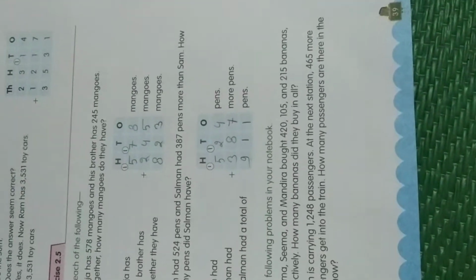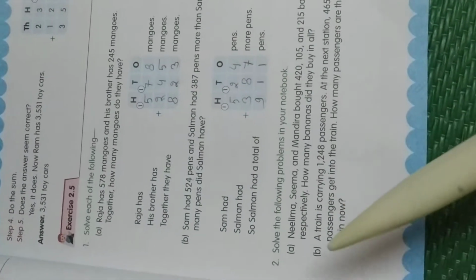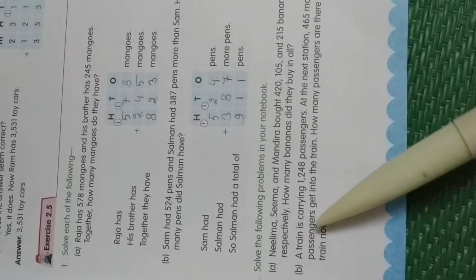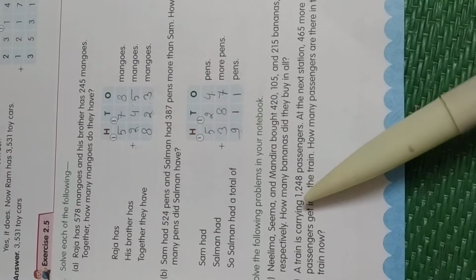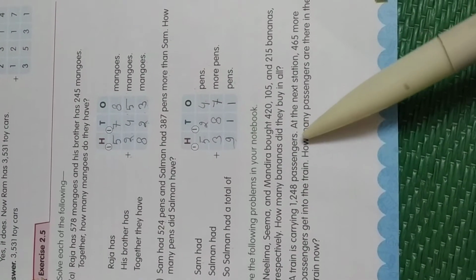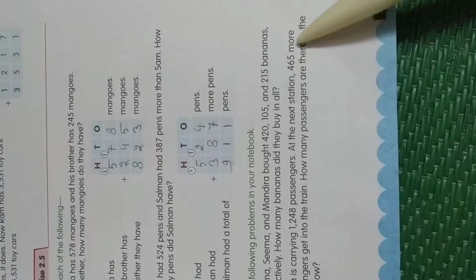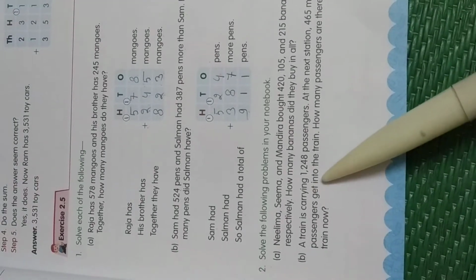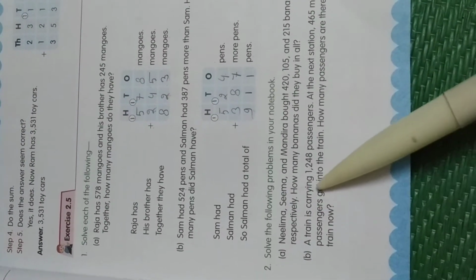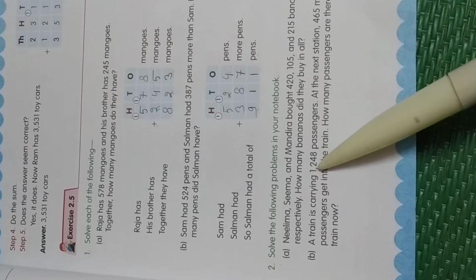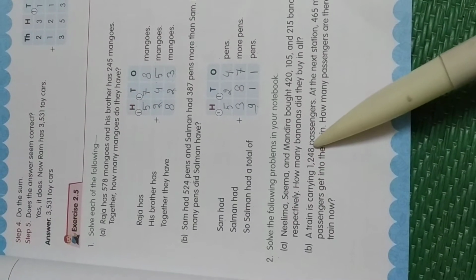Now question number 2. Question number B. A train is carrying 1248 passengers. At the next station, 465 more passengers get into a train. Here a train carry how many passenger? 1248 passenger, right?